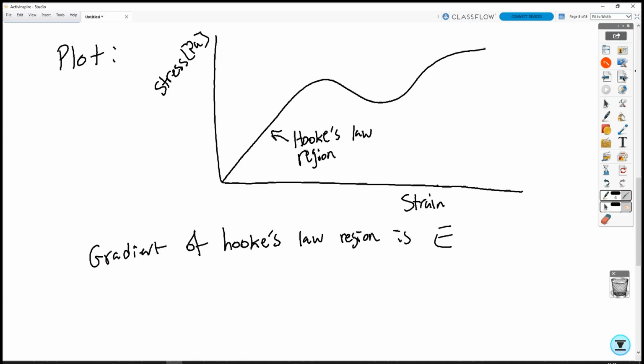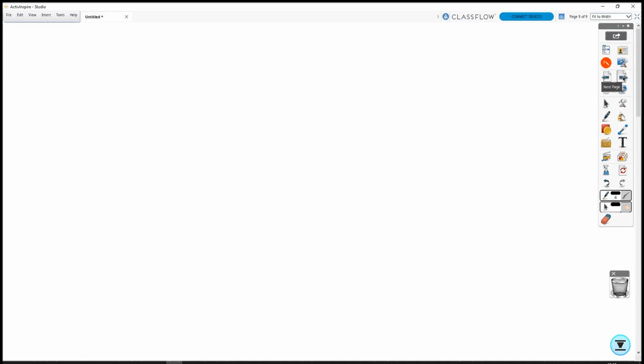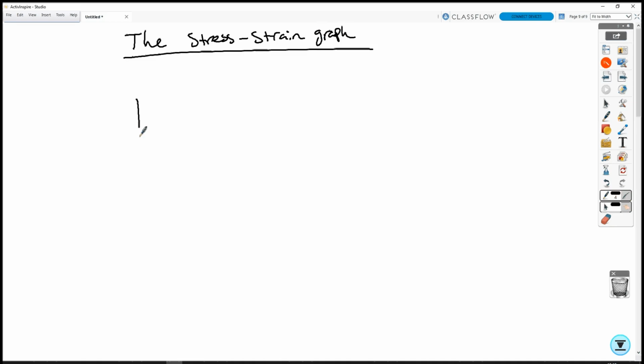Next page. Next, we're going to look at the stress-strain graph. So we'll just sketch the same graph again.